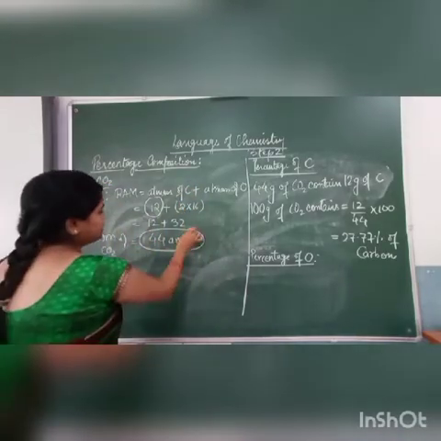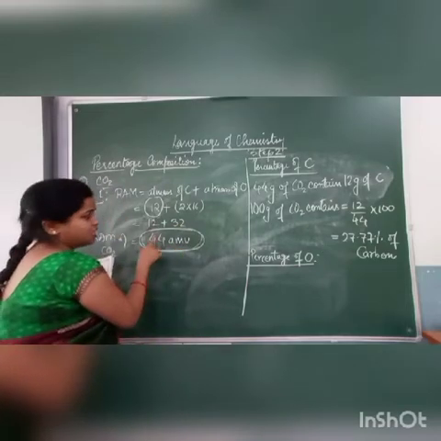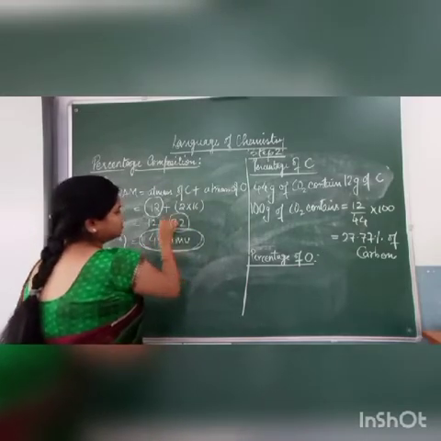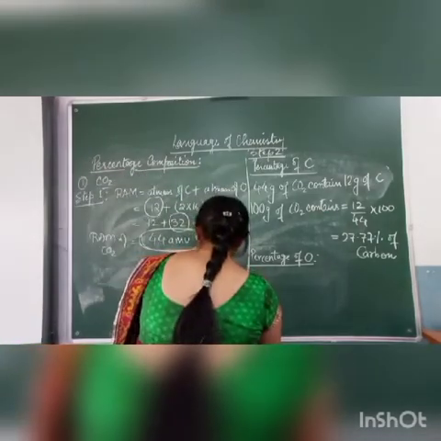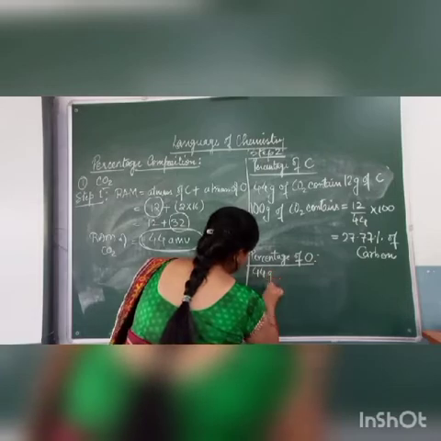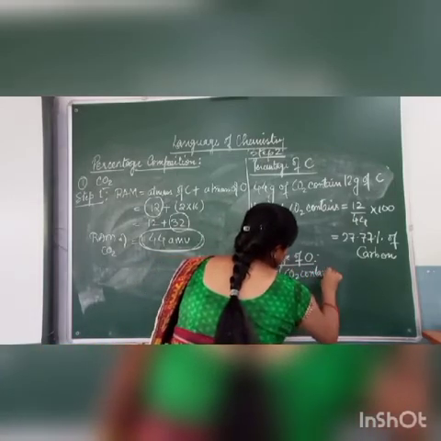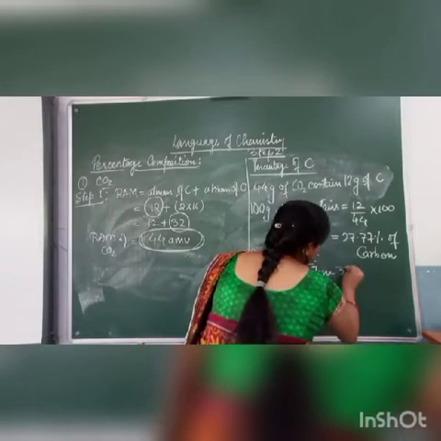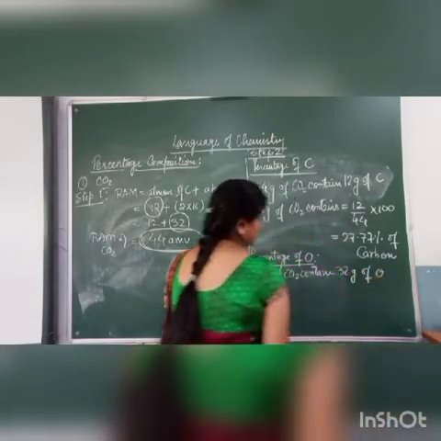It means if total carbon dioxide is 44 gram, out of which 32 is the amount of oxygen. So we will write, if 44 gram of carbon dioxide contains 32 gram of oxygen.